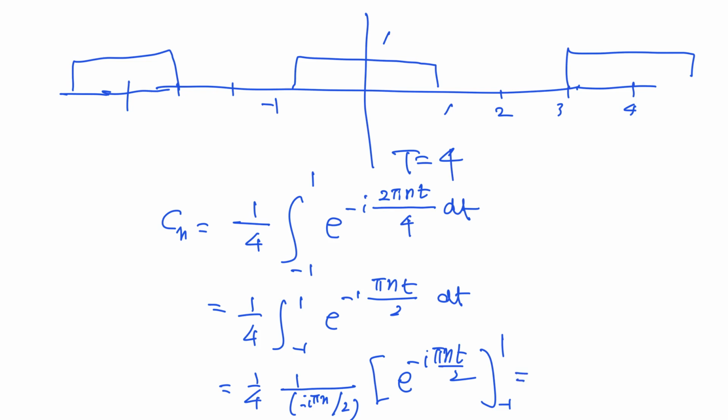The 2 cancels 2, so we get 1 over 2 pi i n, exponential minus i pi n over 2 minus exponential i pi n over 2.